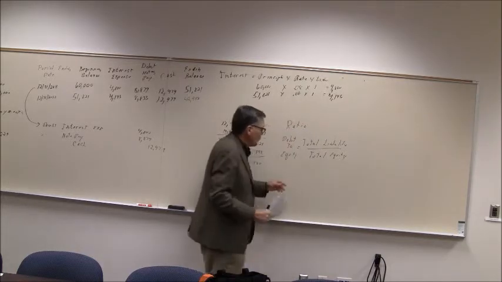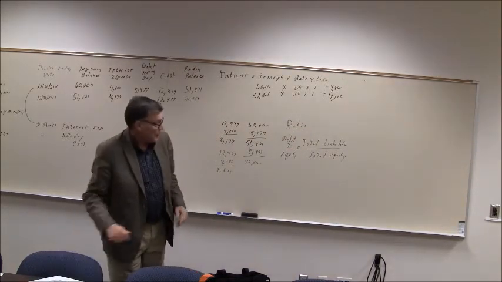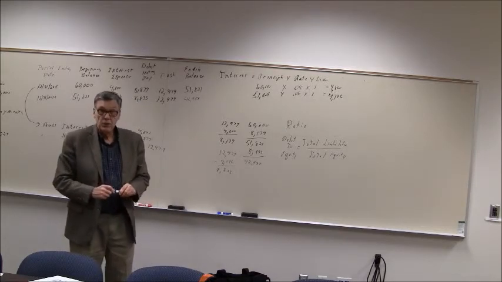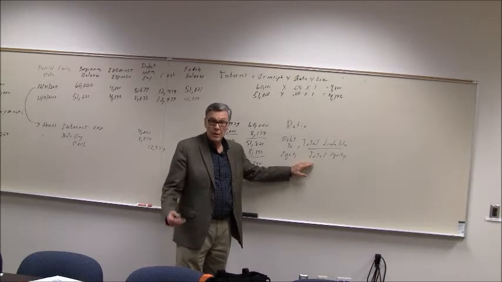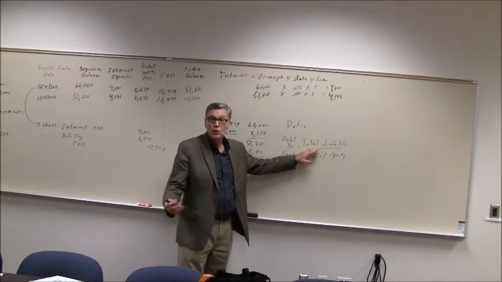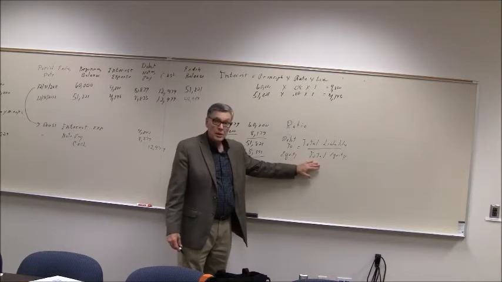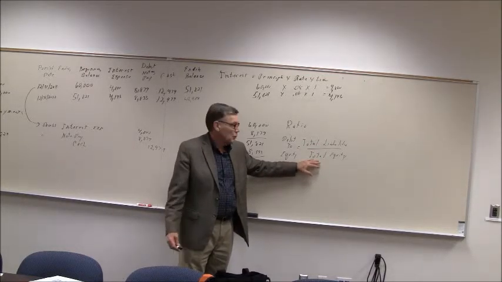And it shows what portion is owned by the creditors, what portion is owned by the owners. And basically, it varies by industry. If you're in an industry that has a huge amount of assets, like a car manufacturer that needs a factory and all that, then you'll have more liability than you would if you were a service business. You may want to consult, and I've mentioned this before, Dun & Bradstreet, their industry averages, and see how your industry works.